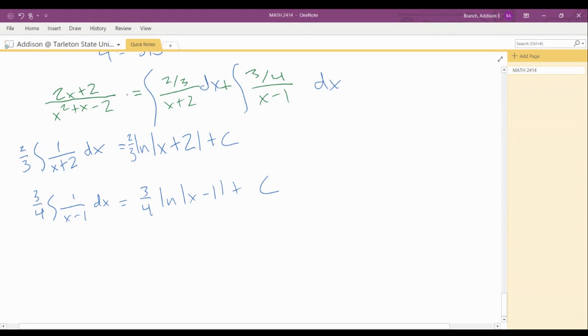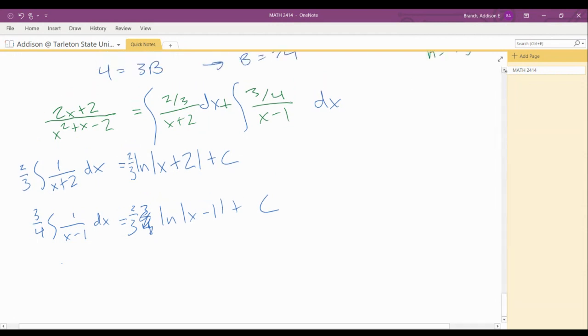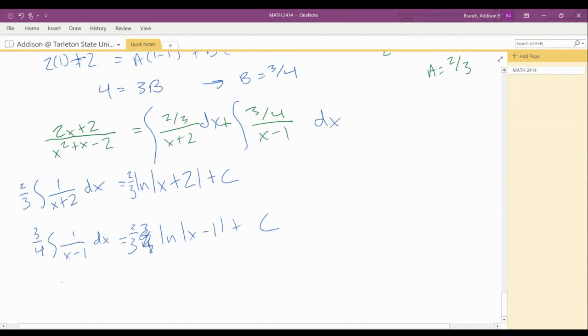So then therefore our final answer, that's a 2/3. Wait, which one? Let me just double check my math real quick.